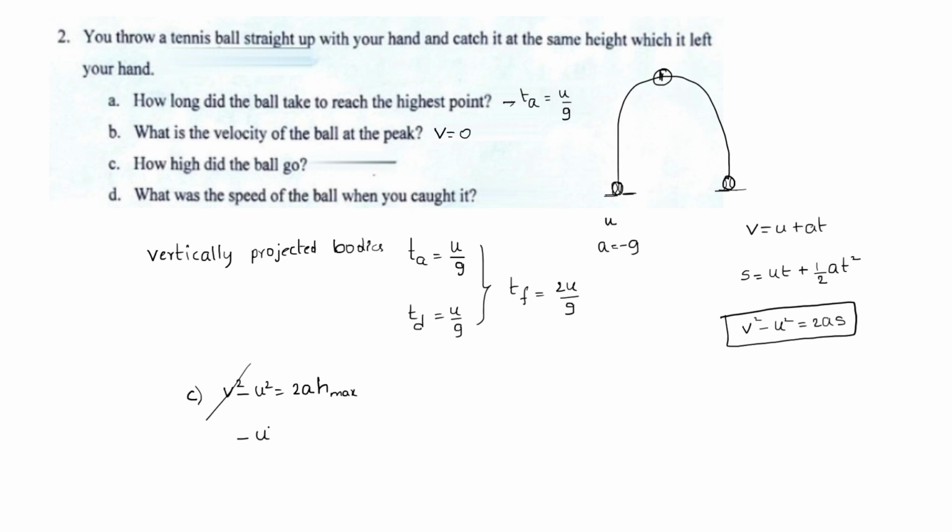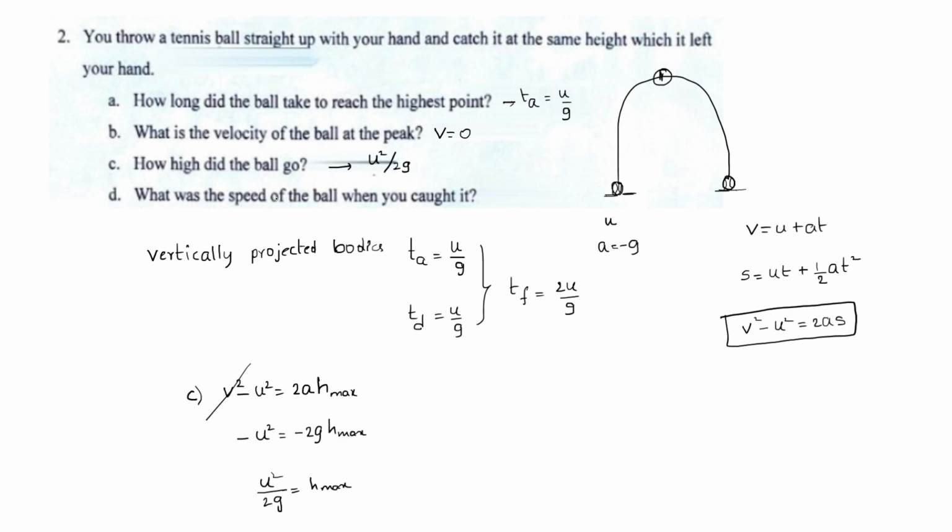So minus u square is equal to minus 2g h max. That means u square by 2g is equal to h max. So g can be taken as 10 meter per second square sometimes for calculation purposes, or the actual value of g is 9.81 meter per second square.